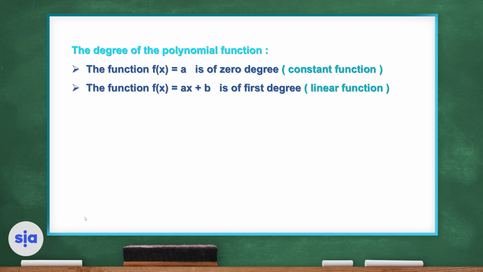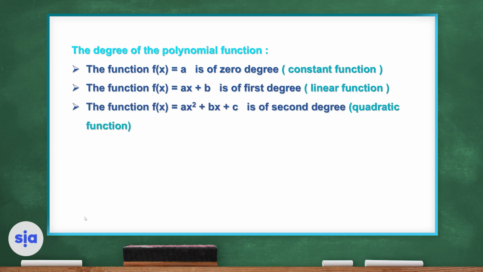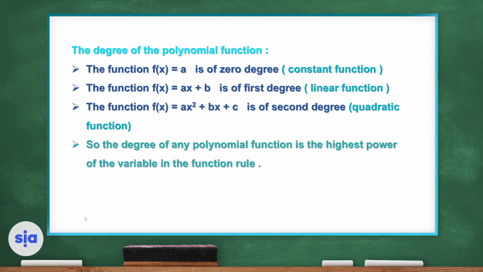It's 1, right? So the degree is 1. So this function is in the first degree, and it's called the linear function. The function f of x equals ax squared plus bx plus c is in the second degree, and it's called the quadratic function. So how do we get the degree?